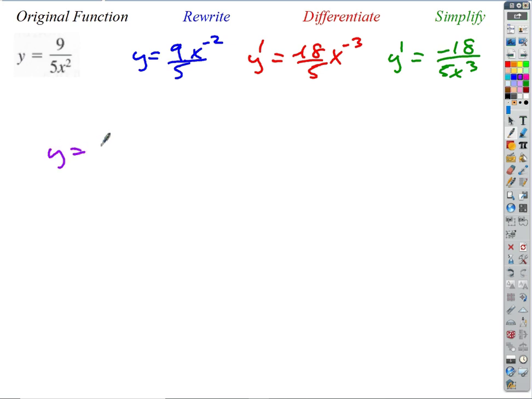If I know y equals tangent x and I want to calculate y prime. Sine over cosine, right? Now I can do that, can't I? If I write tangent as sine x over cosine x, I know the derivative of sine, I know the derivative of cosine, I can use the quotient rule and do this as a quotient, and come up with some answer. So that's where we're going next time.